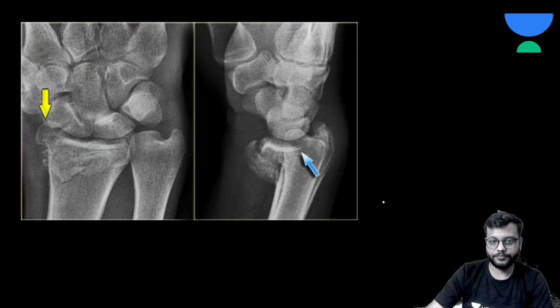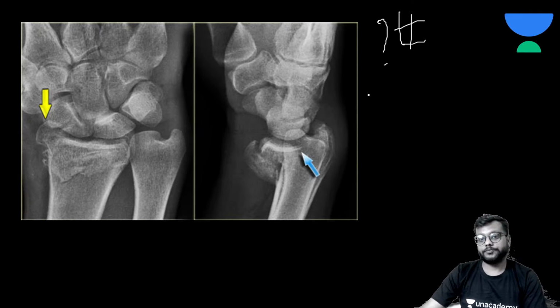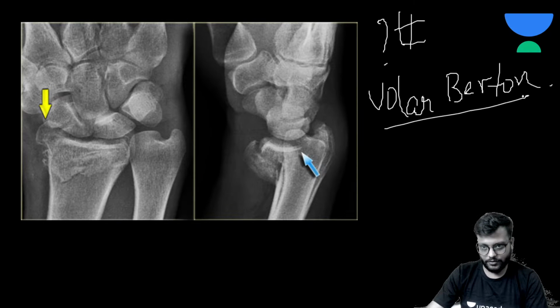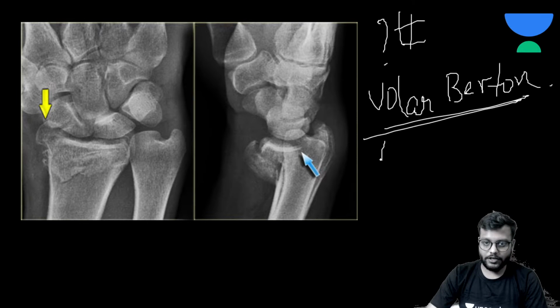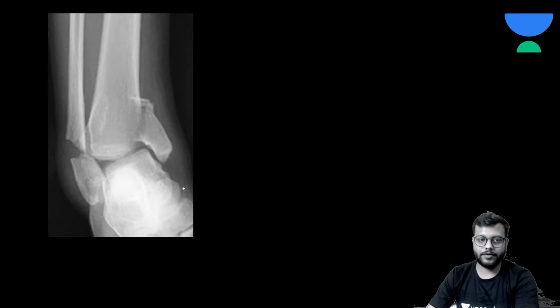Okay, what is this fracture? This is volar Barton fracture. Okay, intra-articular with carpal and anterior dislocation of the distal fragment.